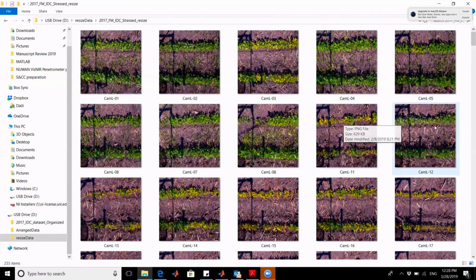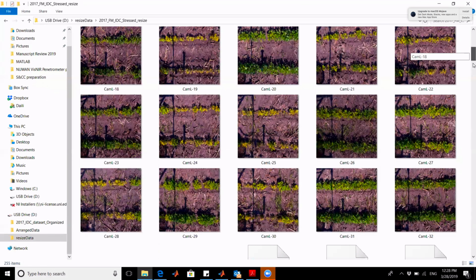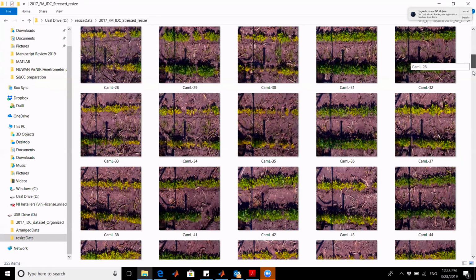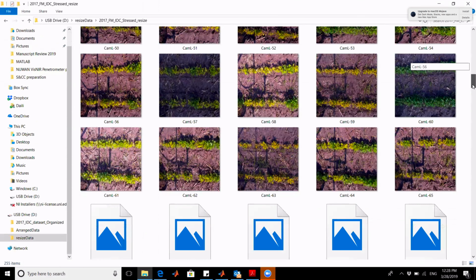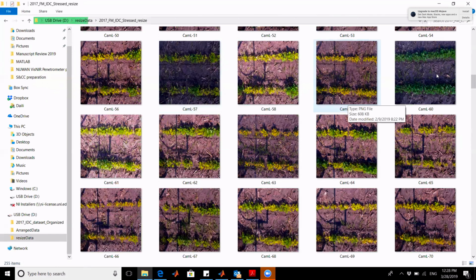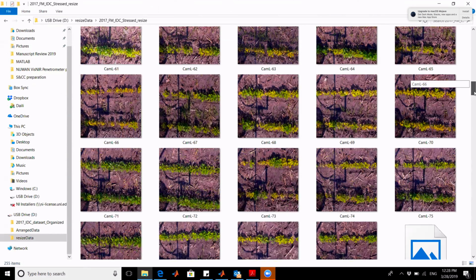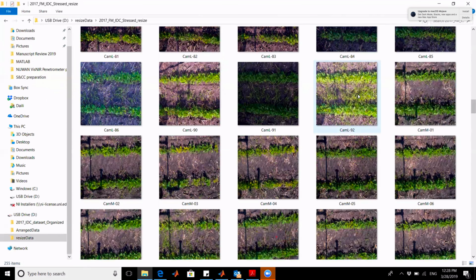You can see they are all the same format, but some of them have very different lighting. You got some of the illumination issue that we said before. Here and there, and you can see some plots are really weedy, like this one, right?